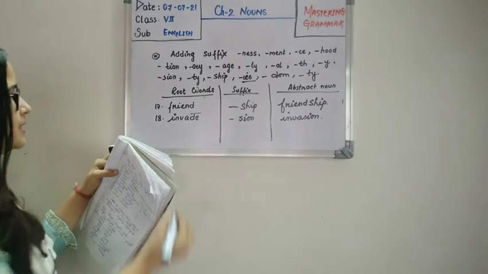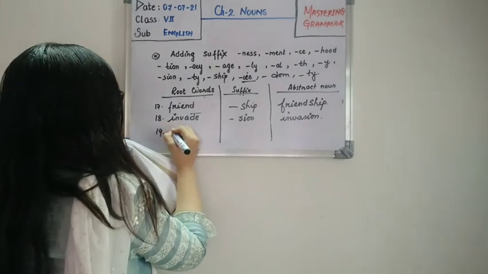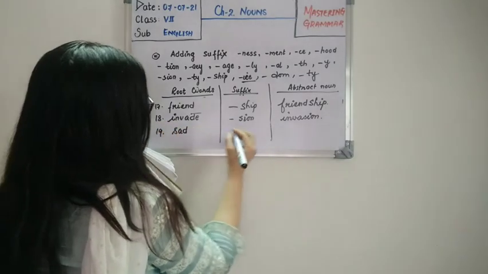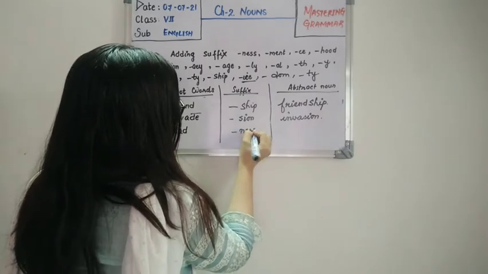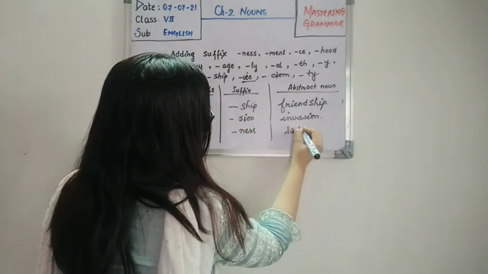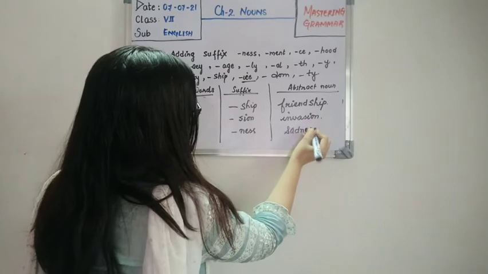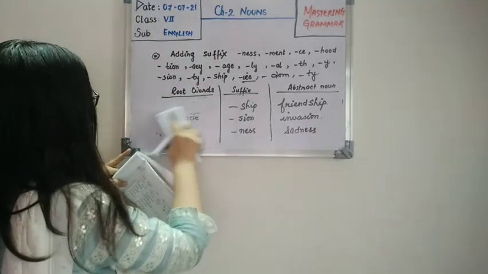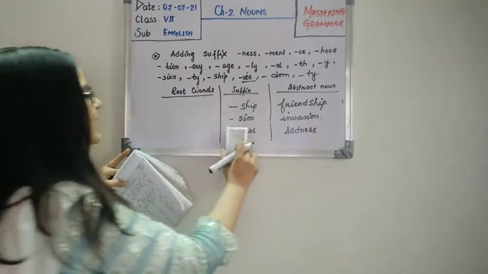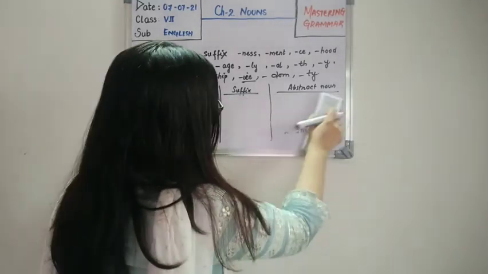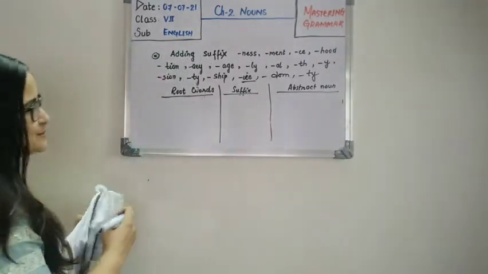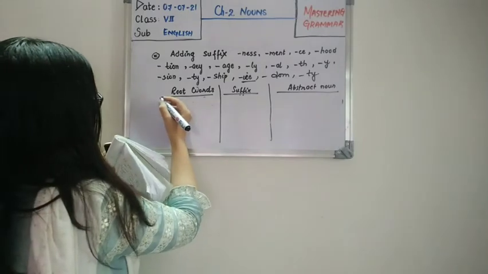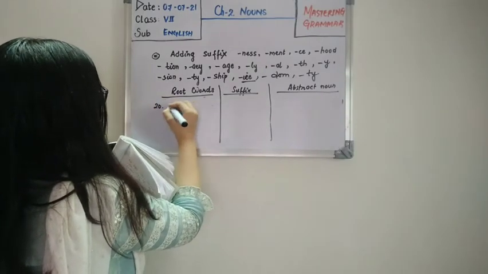Okay. So again we have sad. Sad is an adjective, with NESS it becomes sadness. Right? We have a lot of words, children. If I sit to write, we will need four more lessons for this. So there are lots of abstract nouns. 20. Humble.